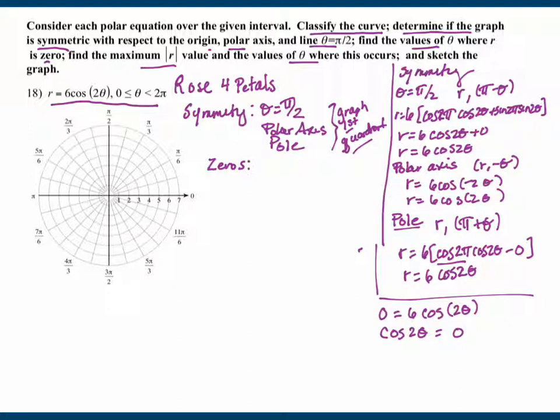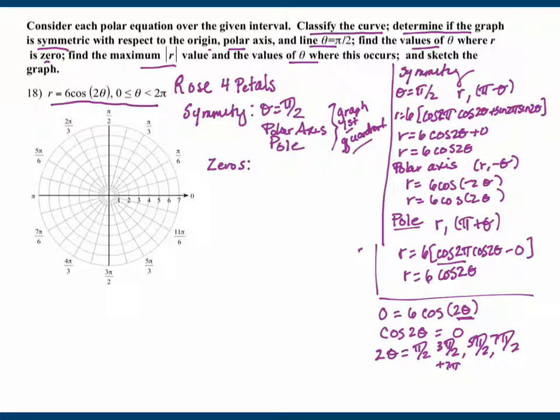And we have a double angle, so we have to go out to 4 pi. So 2 theta will equal pi over 2, 3 pi over 2, and then you'll come around for pi over 2, so you'll do another 2 pi, so that would be 4 pi over 2 plus pi over 2, so that's 5 pi over 2, and add 2 pi now to 3 pi over 2, which is 7 pi over 2.